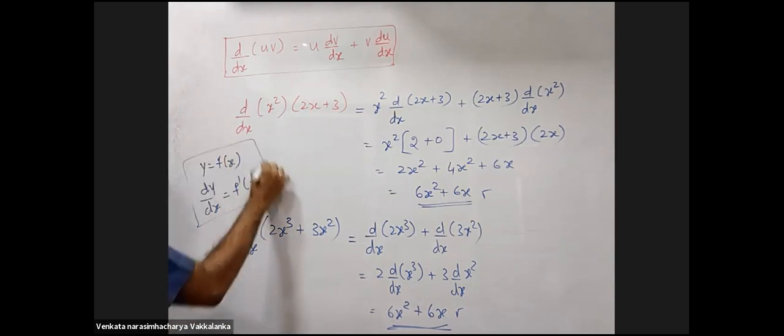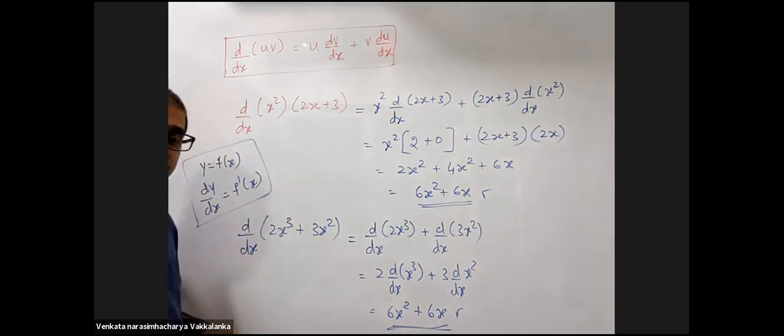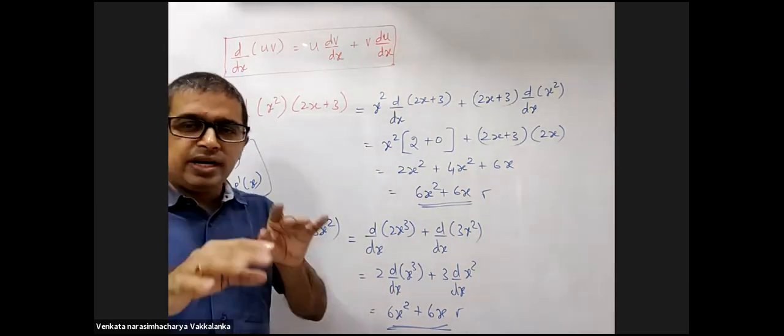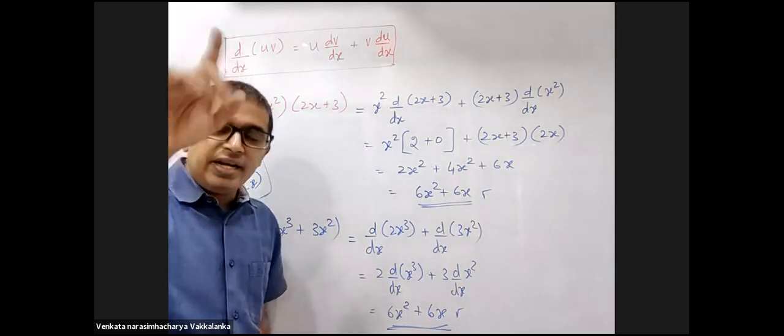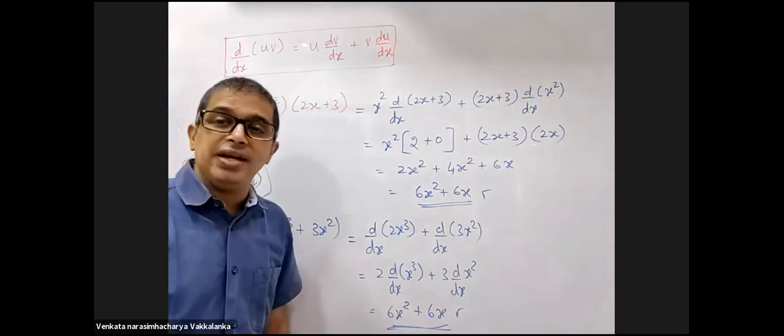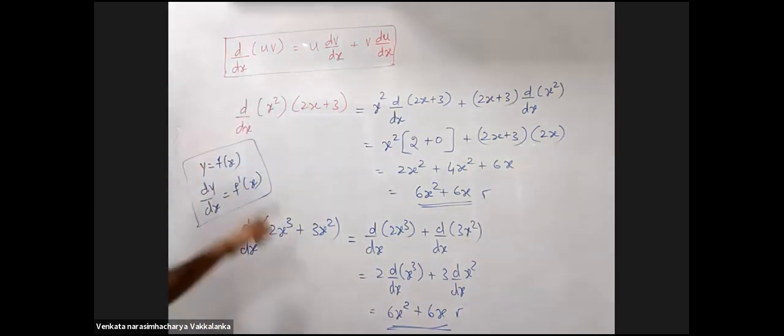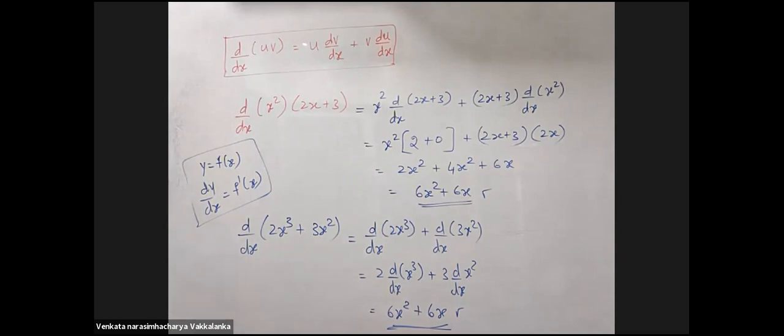This system was designed at a time when we didn't have computer DTP operations. Writing d by dx or printing in a book was difficult. So they designed this f dash x to tell you that it is a differentiation. Long back before DTP publications, printing was done in a very strange way using blocks. Writing dy by dx was difficult for textbooks.